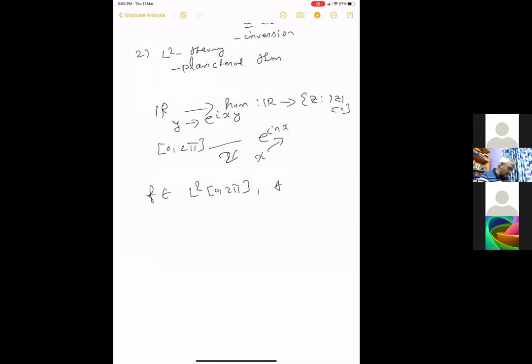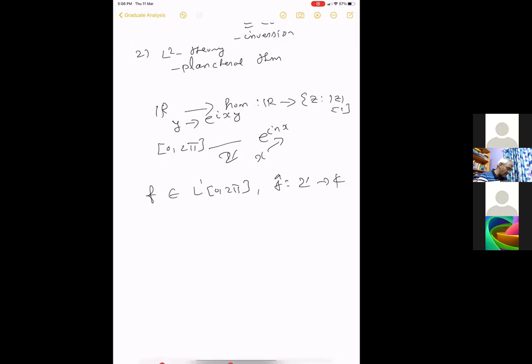F is from here to C, taking values in complex numbers. Then F hat is a function from the integers to the complex numbers. I said L2 unnecessarily; it's usually an L1 function. Then F hat is a discrete function, a sequence of numbers.